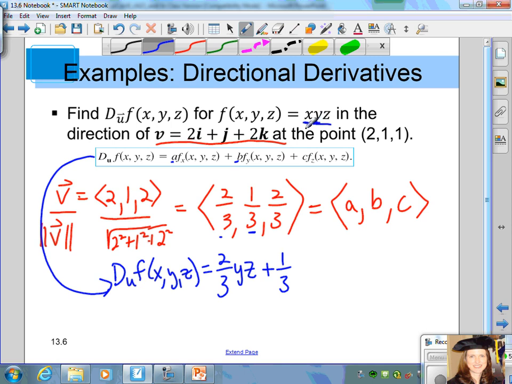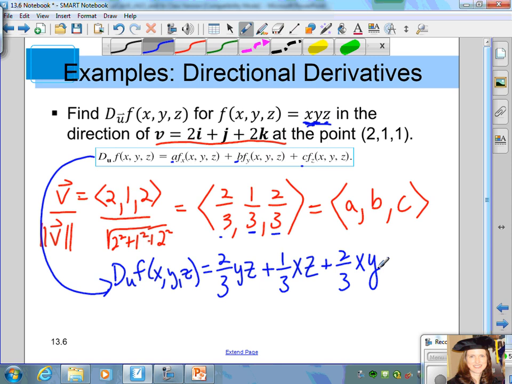Treat y as a variable and treat x and z both as constants. So you get that partial derivative is xz, plus our c, now the third component of the unit vector, which is 2/3, times the partial derivative of this function with respect to z. Treat z as a variable and x and y as constants, and you get that partial derivative as xy.